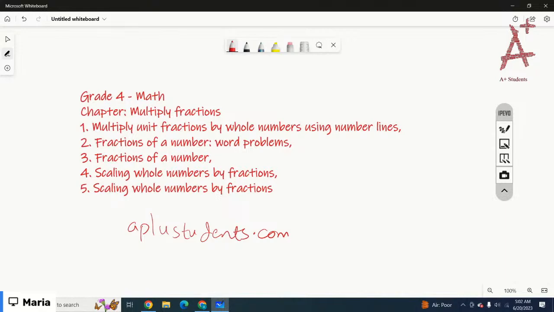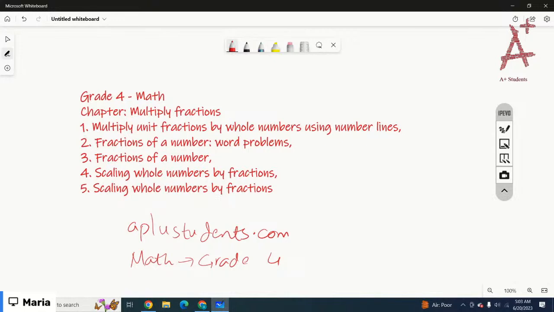Then you have to select math from the subject tab, scroll down to grade 4, and then click on view all lessons. There you can find a list of the chapters.